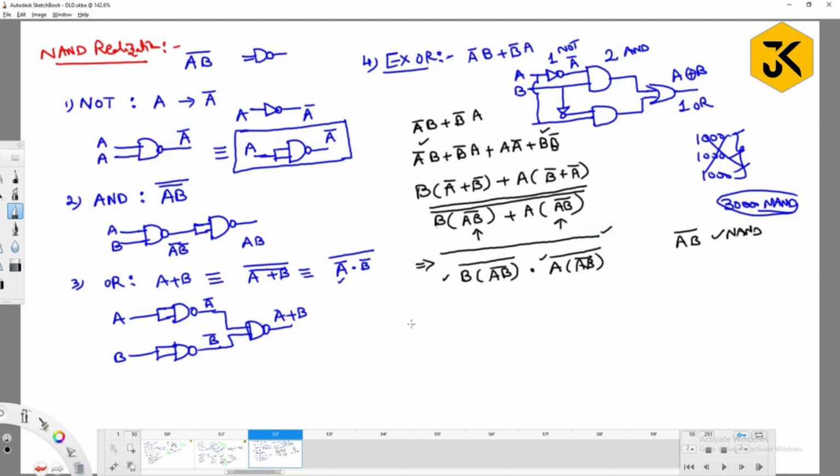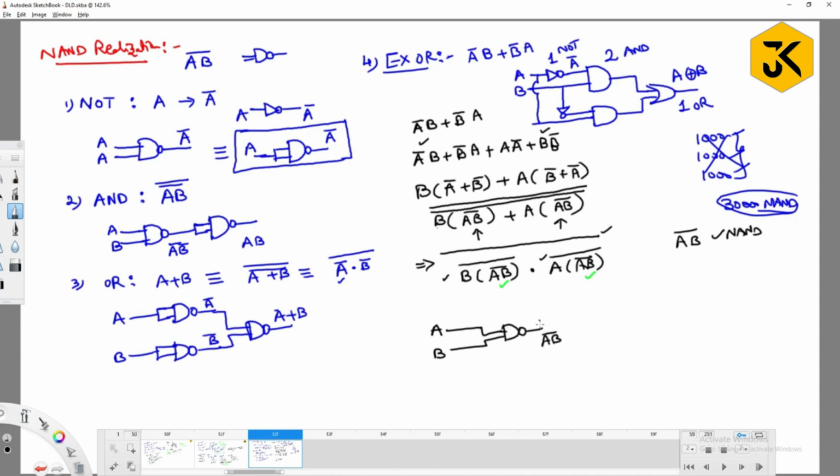So what you can do now, take two inputs A, B. Those two inputs I give to a NAND gate. First I am going to get AB complement. Is this AB complement done? Yes, so your output will be AB complement.